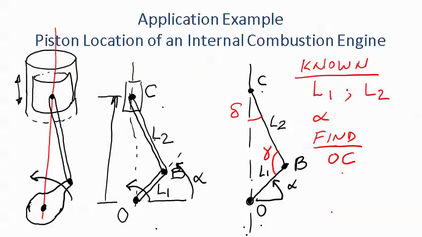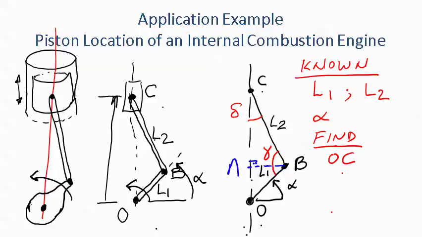So the way that we'll approach this is to try to split this arbitrary triangle OBC into two right angle triangles by drawing a perpendicular from point B onto OC.